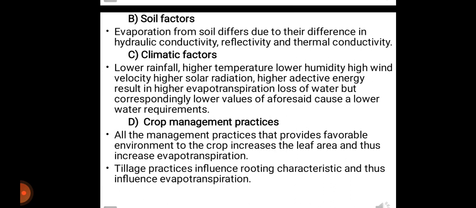Soil factors. Evaporation from soil differs due to differences in hydraulic conductivity, reflectivity, and thermal conductivity.